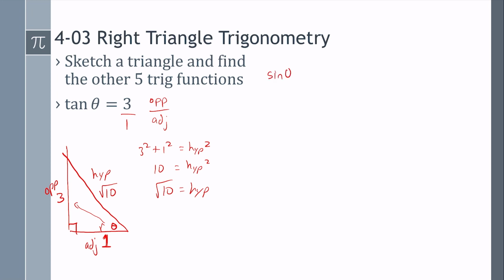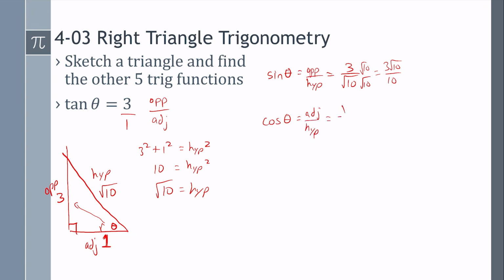All right, so sine is the opposite over the hypotenuse. The opposite is 3. Hypotenuse was square root of 10. We have to rationalize. So it's 3 square root of 10 over 10. Cosine is the adjacent over the hypotenuse.